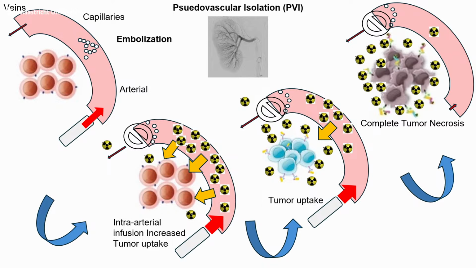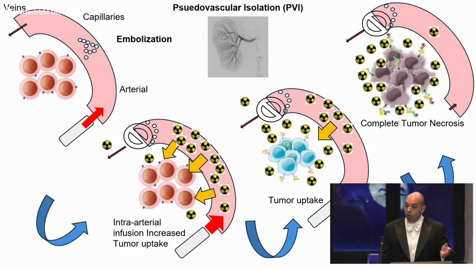So the idea of pseudovascular isolation is you have this catheter, again, directly within the artery, and initially we're trying to limit the blood flow that returns to the systemic flow. So we do something called embolization. This is where we shoot small particles. They get lodged in these small vessels that traverse and go back to the systemic system.